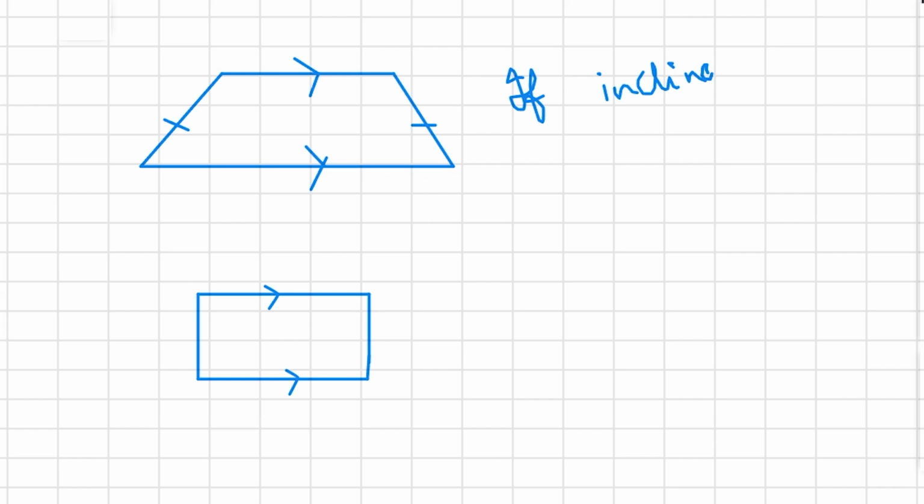What is the difference between a square and a rectangle? In a square, all sides are congruent. In a rectangle, they are not all congruent; the opposite sides are equal. And the angles are 90 degrees each.